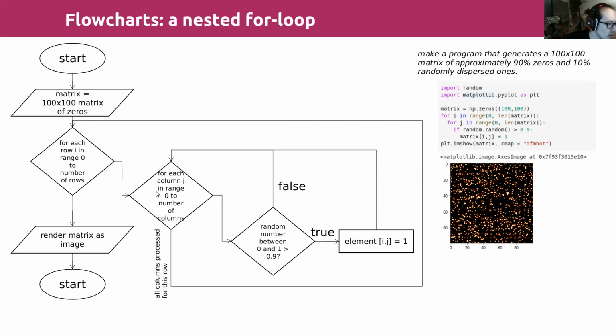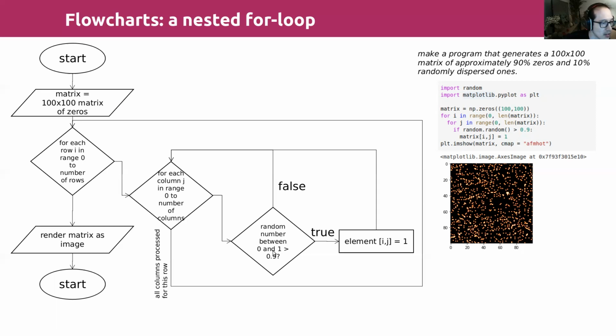For each of those rows, we have another loop. For each row, we do the loop for each column, j, in range 0 to the number of columns. For each of those columns, we're going to do the following check. This is an if statement. We generate a random number between 0 and 1. Is it greater than 0.9? Python has a random number generator using the random library.